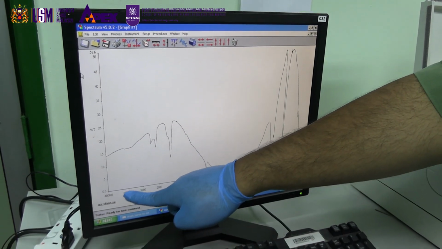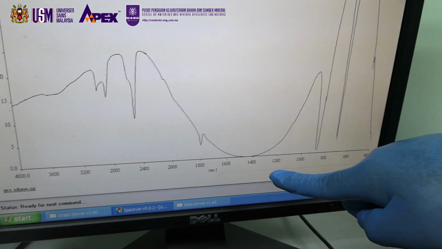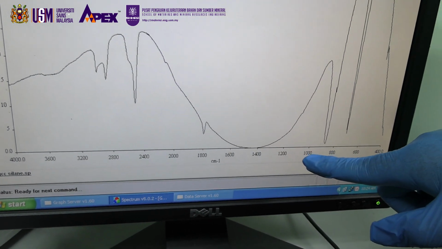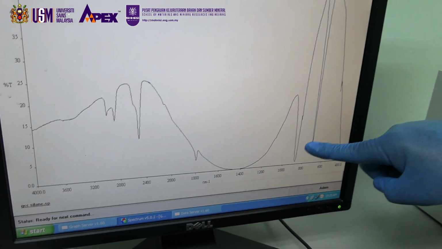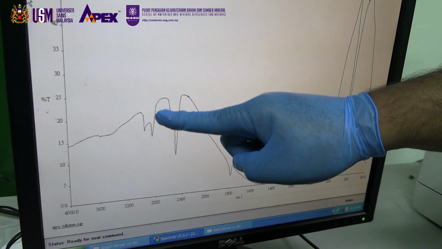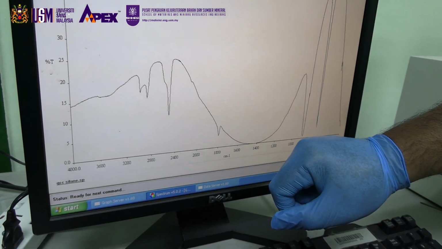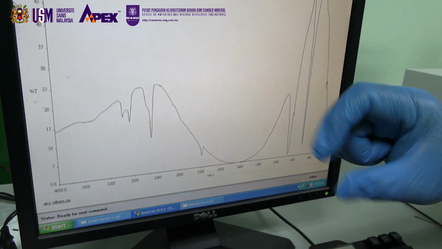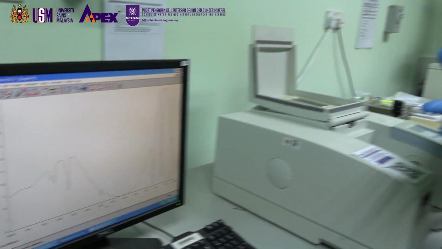Here is very important for FTIR analysis. As you can see, the x-axis is the wavelength for the functional group. All these peaks you can see here refer to the wavelength for each functional group. I think some of you are familiar with the functional group definition. Functional group means that for a polymer, for example, you have carbon and hydrogen or oxygen.